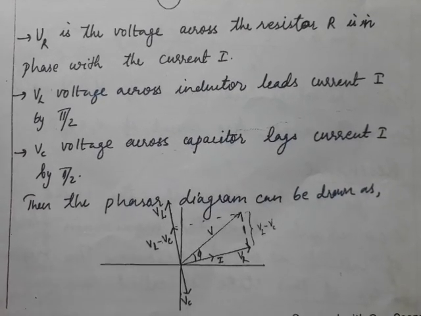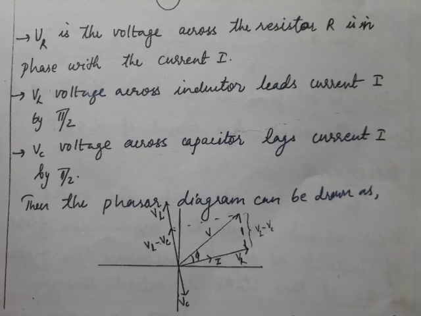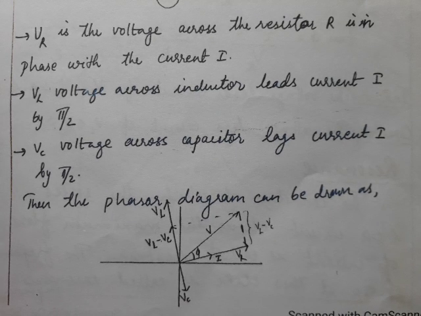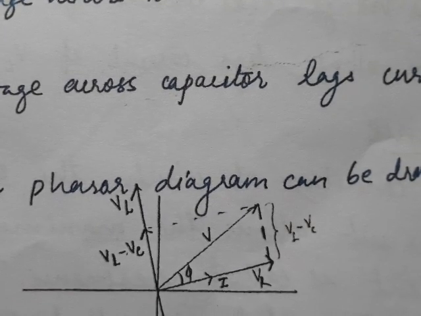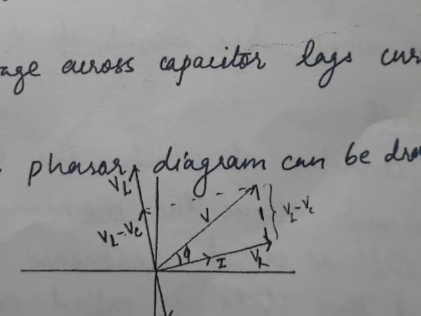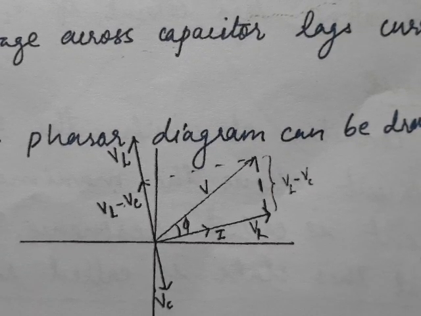So if you plot the phasor diagram, let us compare. First we will start with the resistor. The voltage across the resistor, VR, and the current.